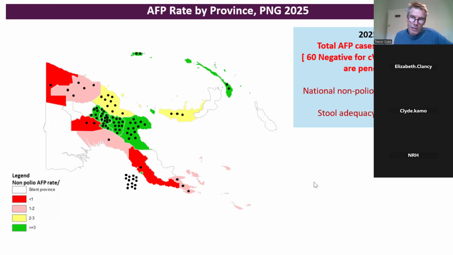So our AFP reporting is relatively low, and for some provinces it's very low. Not only needs to be AFP reporting, but there needs to be collection of stool and sending stool for confirmation that it's not polio, that it's not enterovirus or polio.